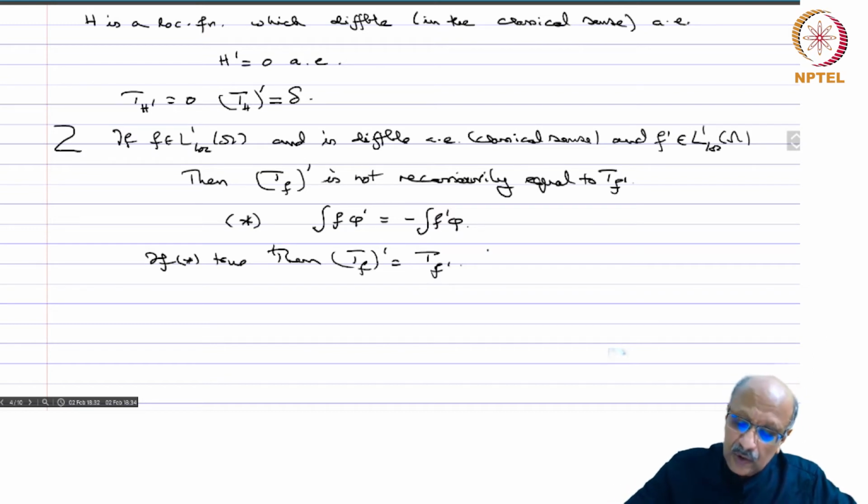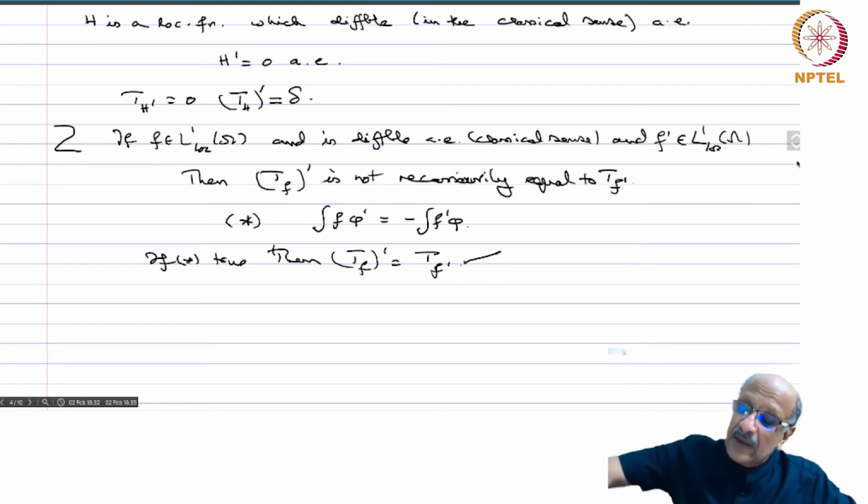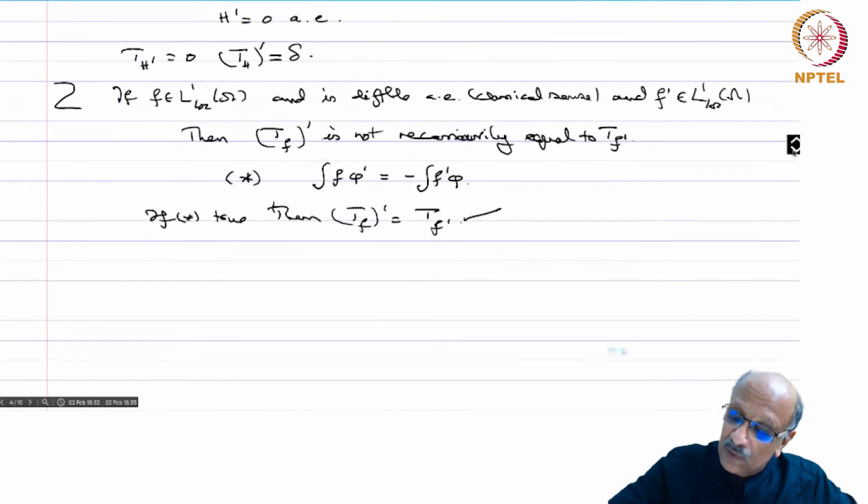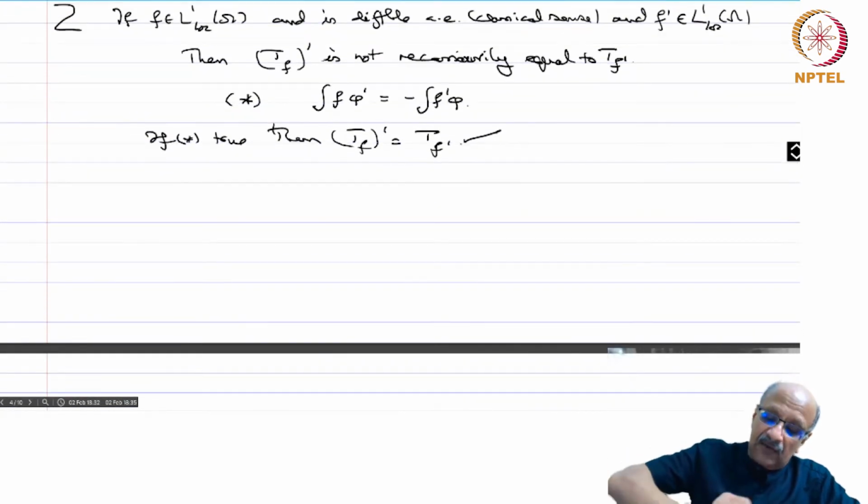Okay, so the question is, when is the integration by parts formula true? If the integration by parts formula cannot be taken for granted, then of course you have to check. It may still happen that this equation is valid, but you have to be careful; you have to check clearly the distribution derivative and see what comes. There are many examples where it may happen, but we should not take it for granted.